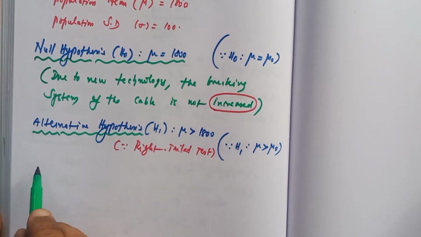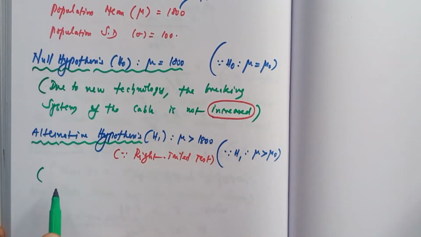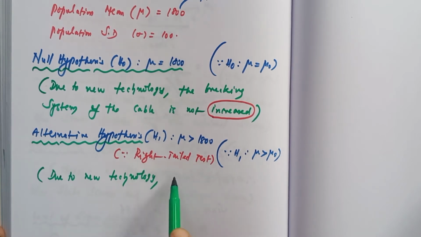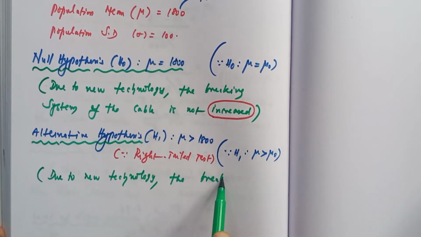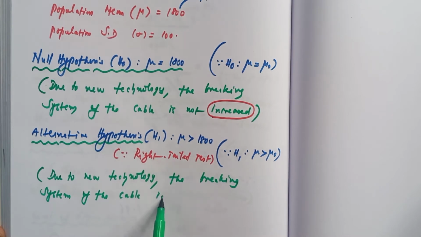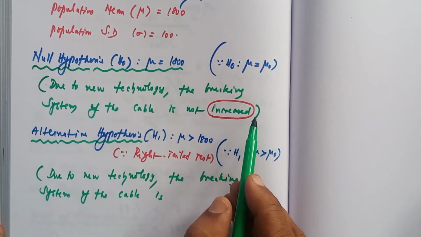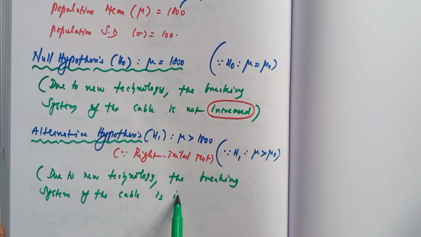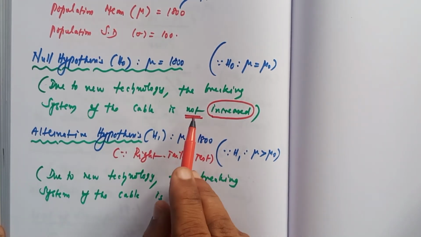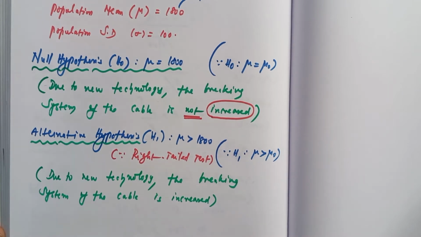Therefore, the statement is contrary to the statement here. Due to the new technology, the breaking strength of the cable is, what I mentioned here, not increased, so here I have to mention increased. Here it is not increased, here you have to write increased.